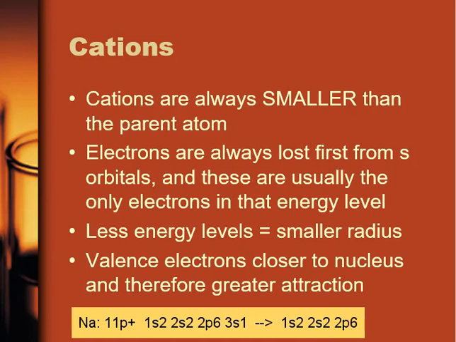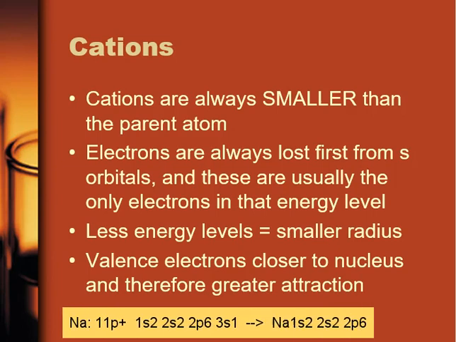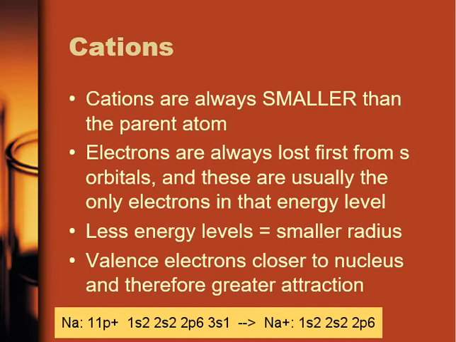It still has 11 protons, but now the valence electrons are in the 2p orbital, not in the 3s orbital. The 2p orbital is going to be closer to the nucleus, so you're going to get much more attraction between the 11 protons in the nucleus and those valence electrons in the 2p orbital compared to the ones in the 3s orbital, which are no longer there. And that's going to make it smaller.